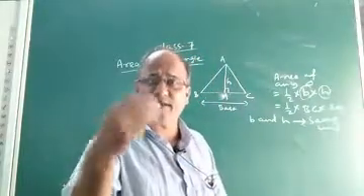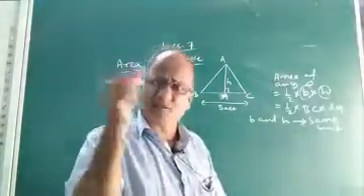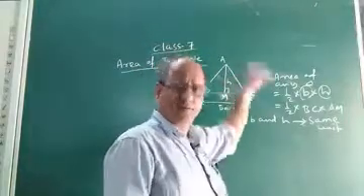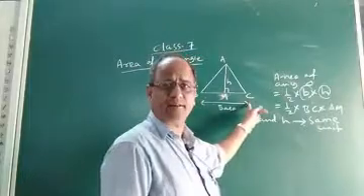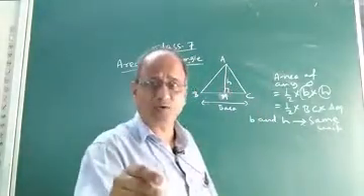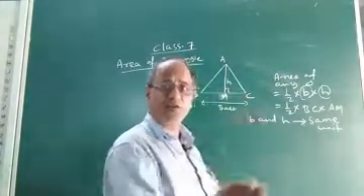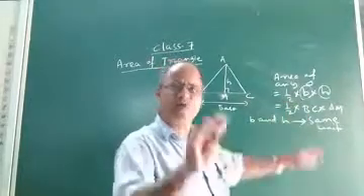If it is given in any other unit, suppose decimeter or centimeter, then you have to change it. Suppose base is given in meter and altitude is given in decimeter. What will you do first? First you change the unit of altitude into meter. Then you apply the formula half into base into height to get the area.